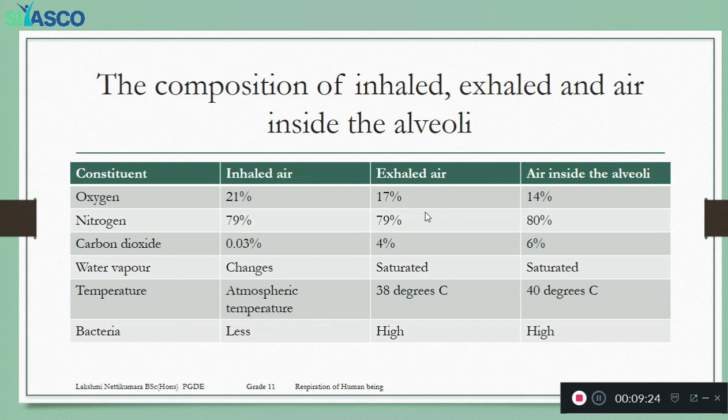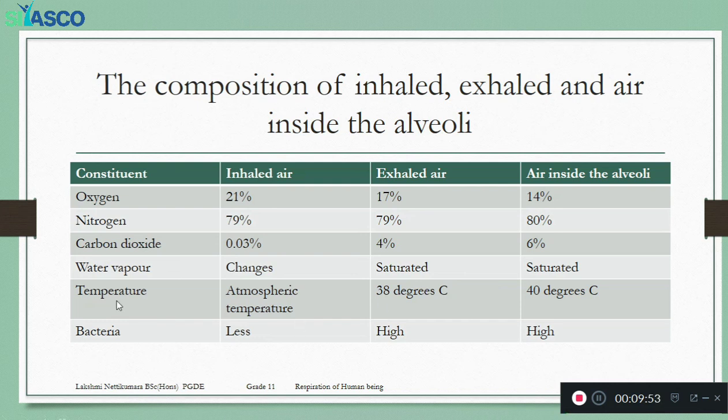Some amount of oxygen is again released in the exhaled air also. But carbon dioxide percentage is higher, up to 3 to 4%. And the exhaled air is saturated with water vapor, because in the previous slide I mentioned that water vapor and carbon dioxide diffuse to the alveolar sac.